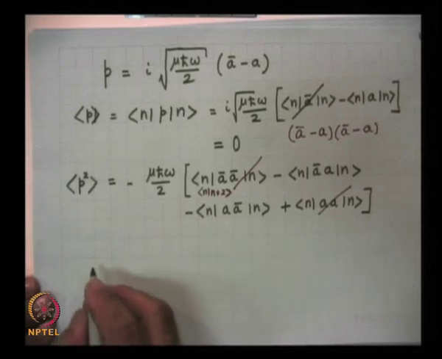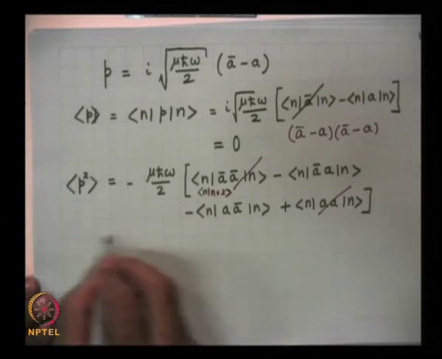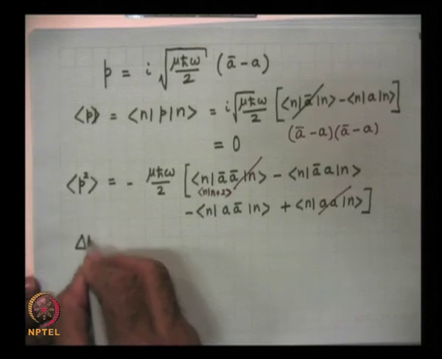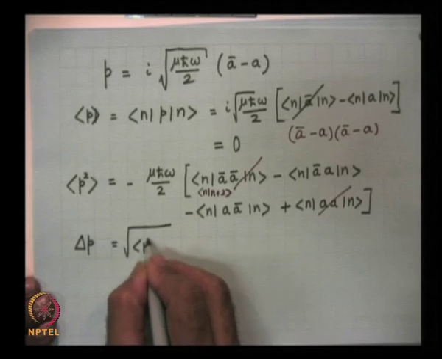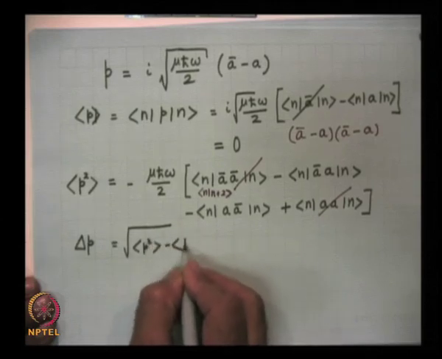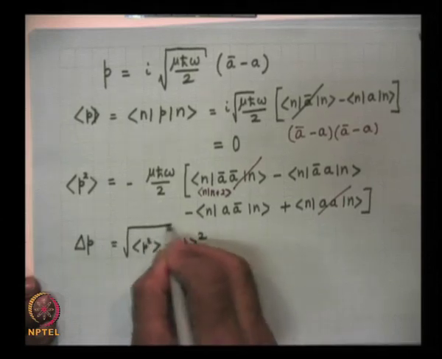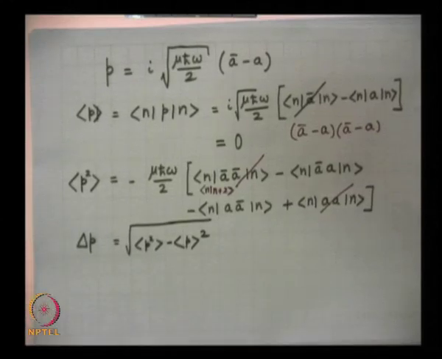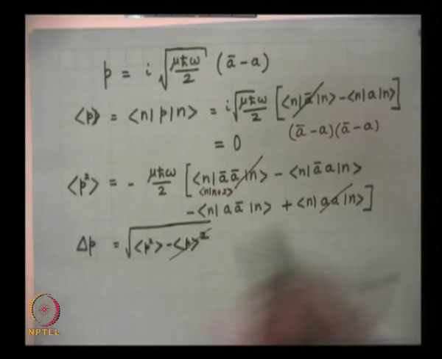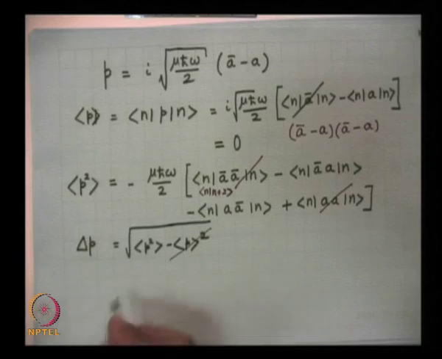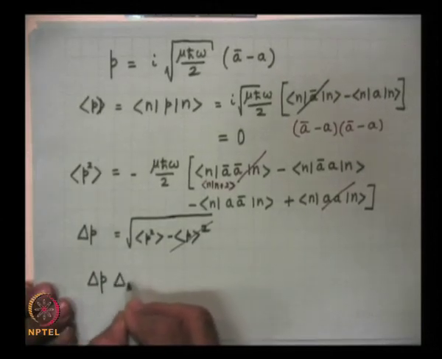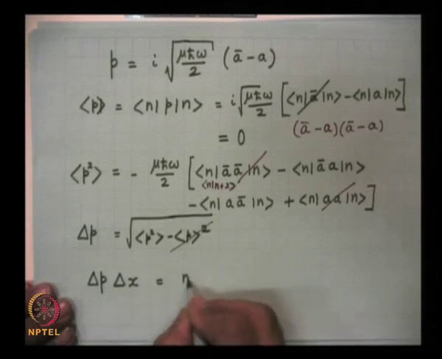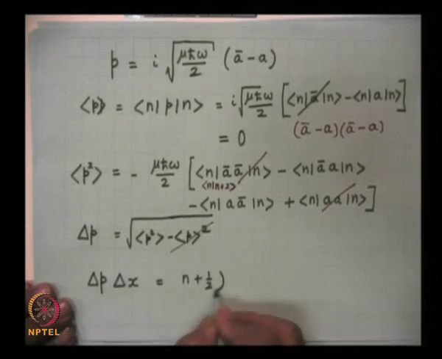So, which will be something like this. So, we can calculate then delta p, which will be equal to the square root of p square minus p average square, but this quantity is 0 and this quantity we have just evaluated. If you multiply these two out, delta p and delta x, you will get n plus half times h cross.